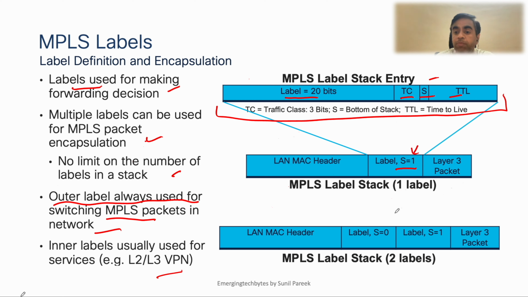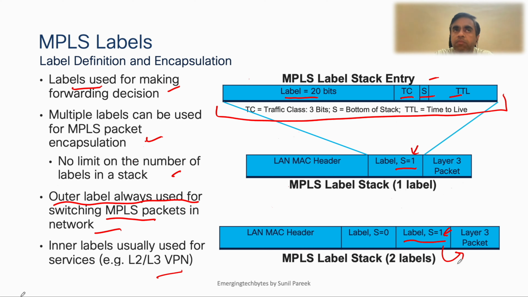If there are multiple labels, then the innermost label will have this value set to 1. What does it mean? It means that when this bottom of stack bit is 1, right after this, your payload will start.